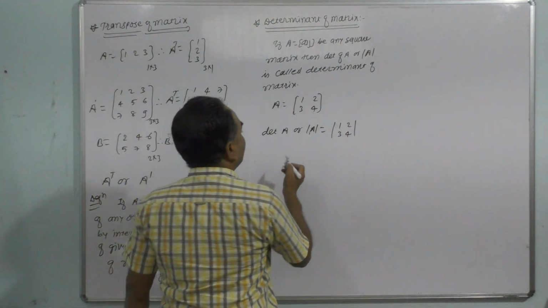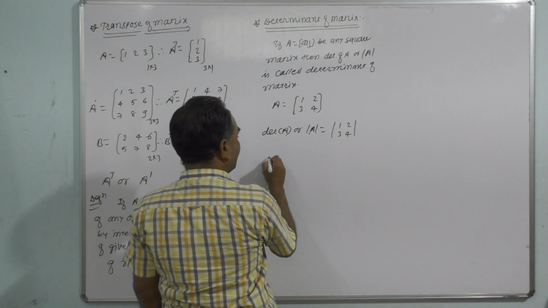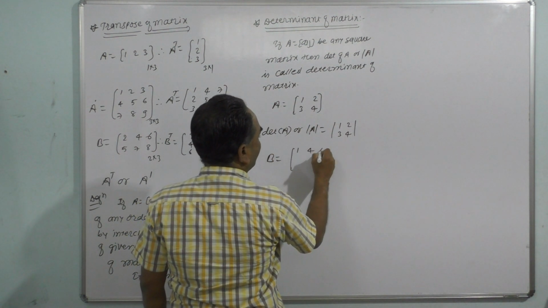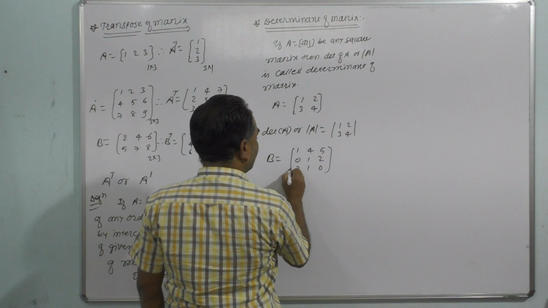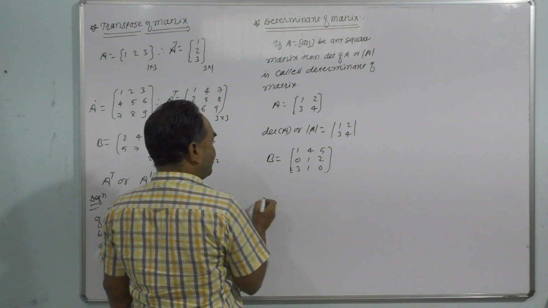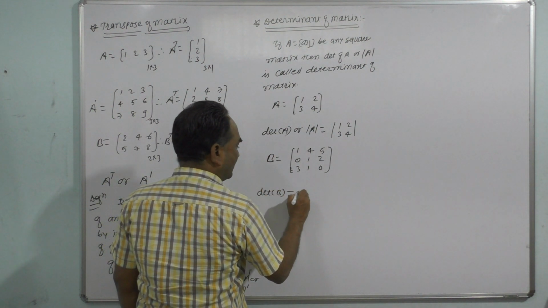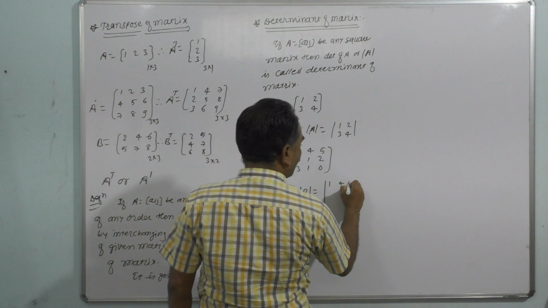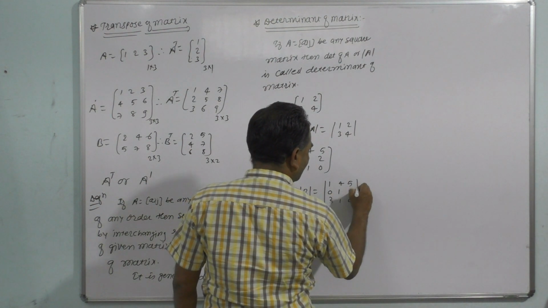Another example, det of A or determinant of B, where B is equal to [1 4 5; 0 1 2; 3 1 0]. Then det of B is equal to |1 4 5; 0 1 2; 3 1 0|.